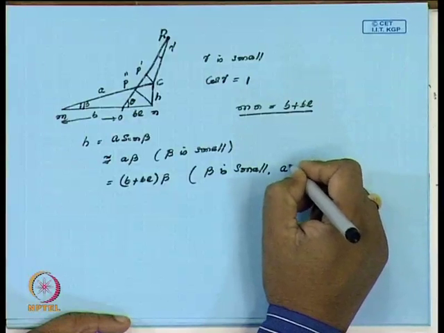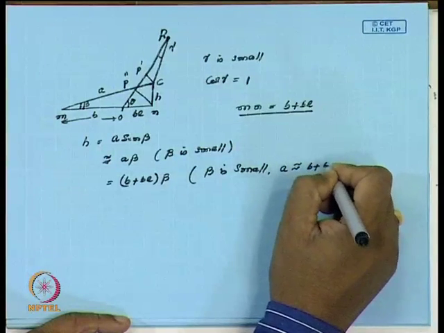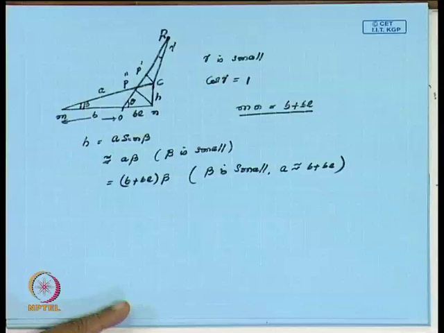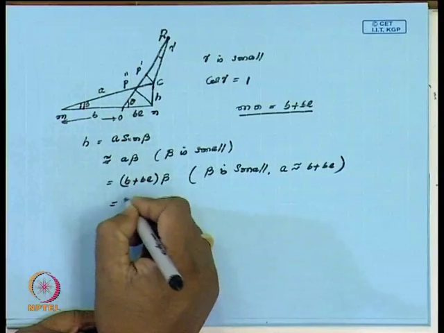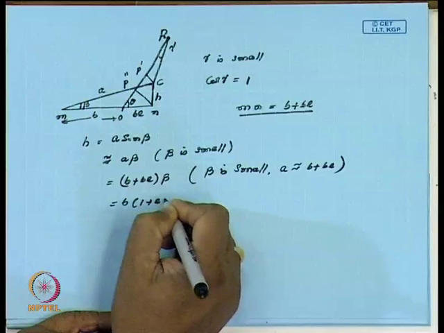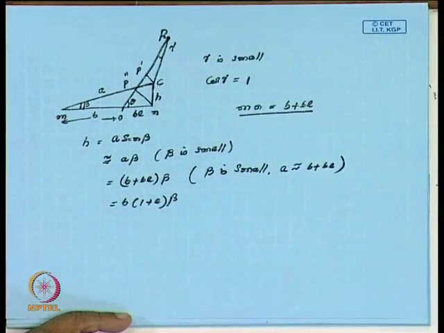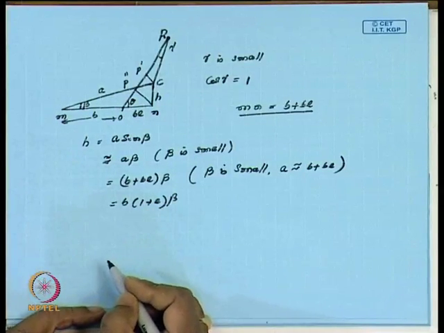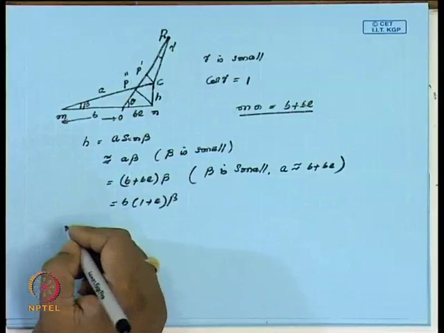So, I can always say A is equivalent to B plus B. So, this is the same as B into 1 plus E into beta. Now, this is H.